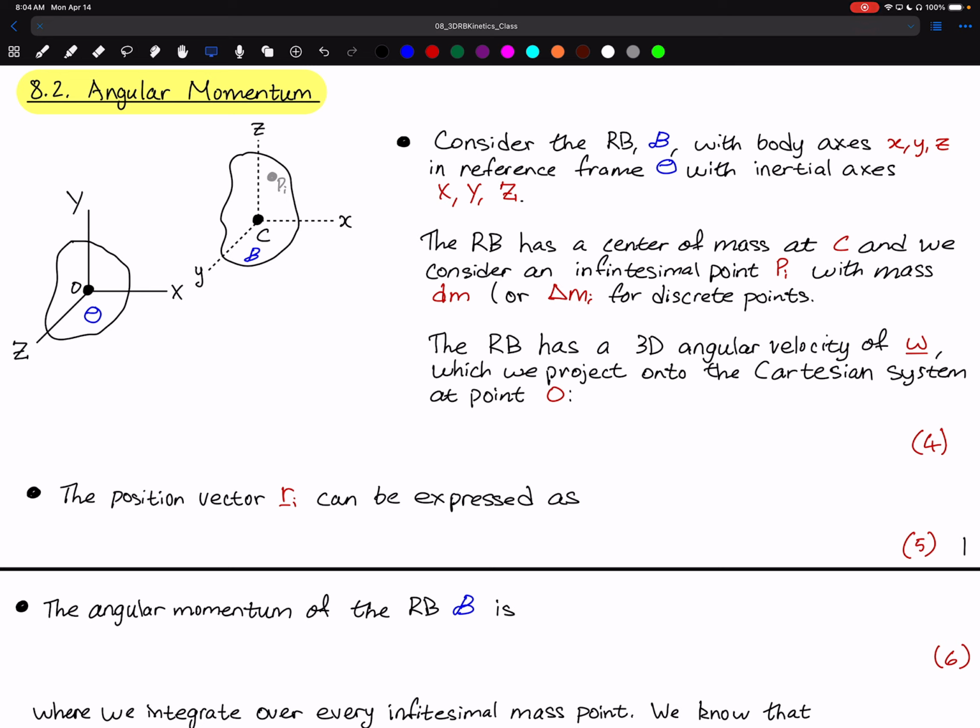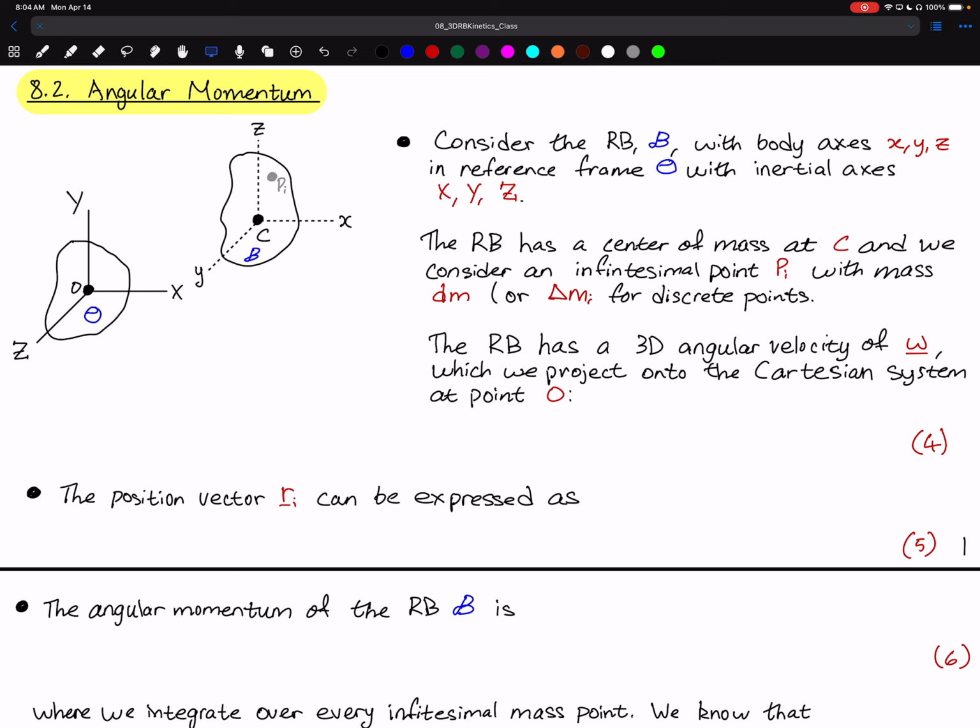And then as it rotates, the axes, lowercase x, y, z, are going to rotate with the rigid body. So they are fixed to the rigid body and they move with that rigid body. Our rigid body has a center of mass, and that's where we're fixing our body axes.